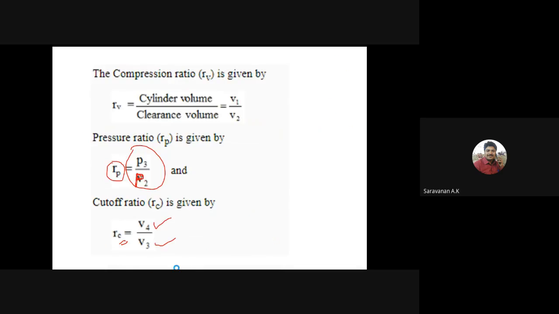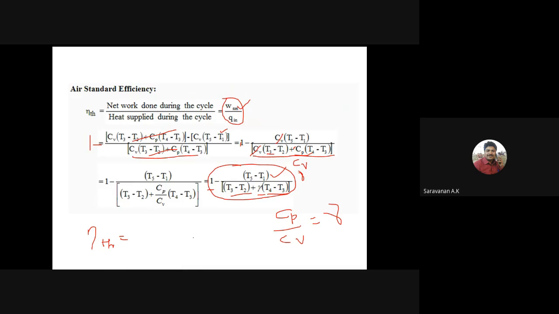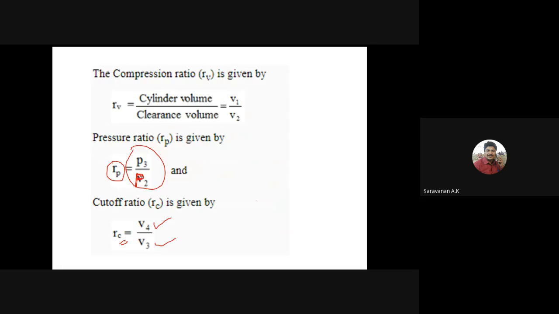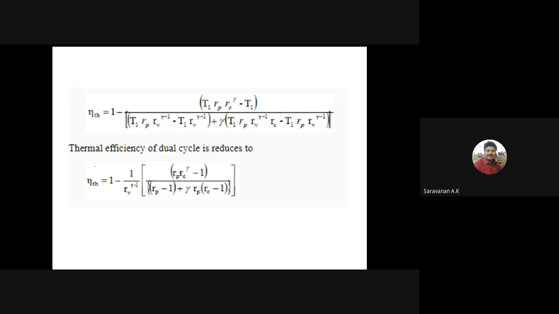So we can substitute all the values in the thermal efficiency, that is T5 in terms of T1. Automatically the T1 will be cancelled, so we can obtain the dual cycle efficiency like this.